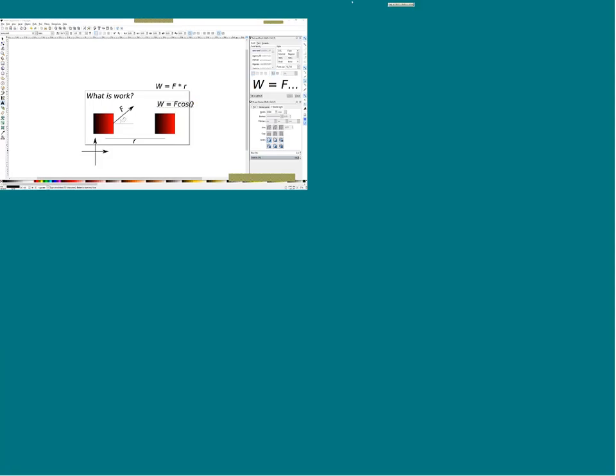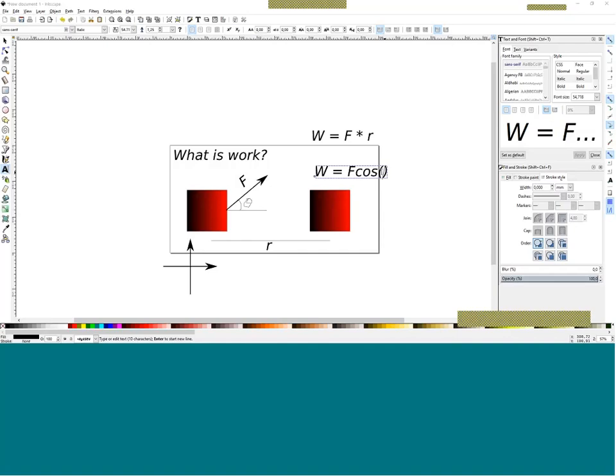Hold on, I just got the Greek alphabet, mathematical symbols. There we go. And then times distance. Does everybody understand that?